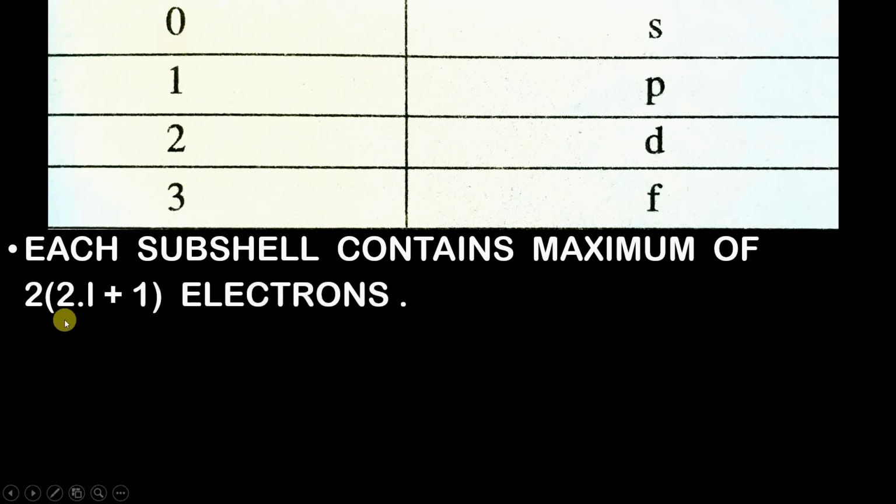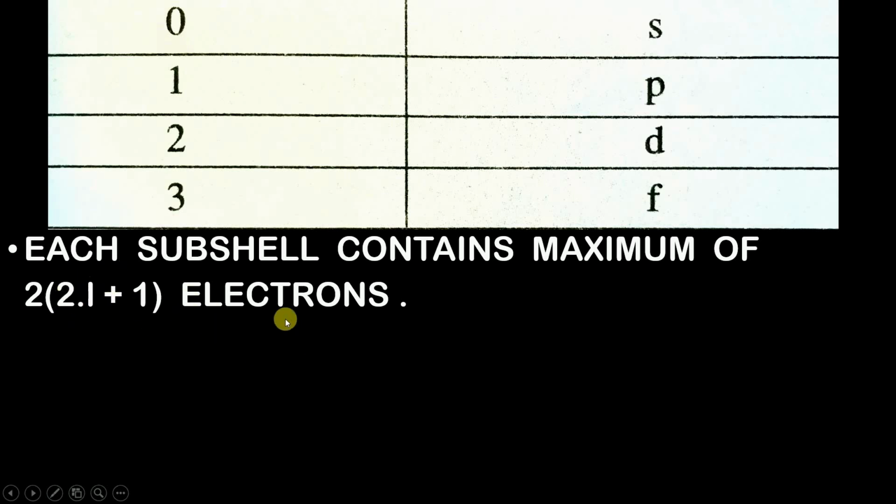Further, each subshell, that is the S, P, D and F subshell, contains a maximum of 2 into (2l plus 1) electrons, where l is the azimuthal quantum number. This is l, don't take it as 1. So what is the use of this formula?